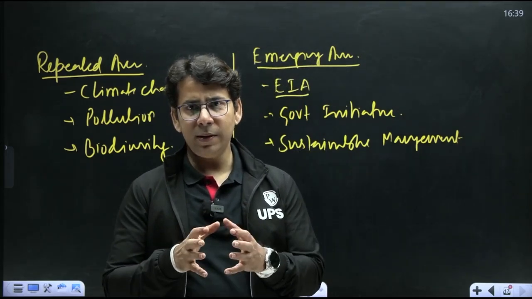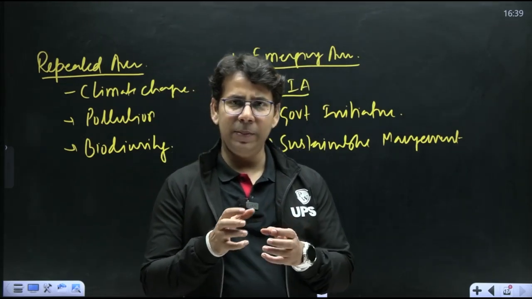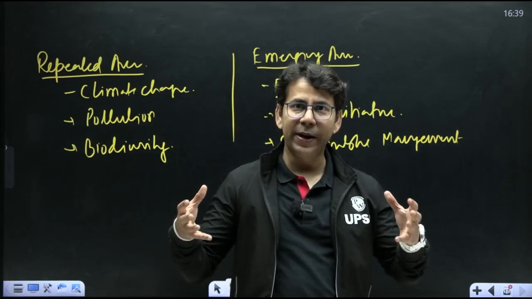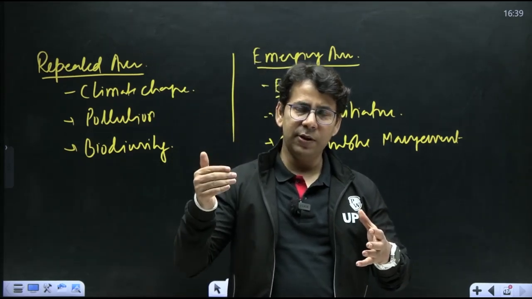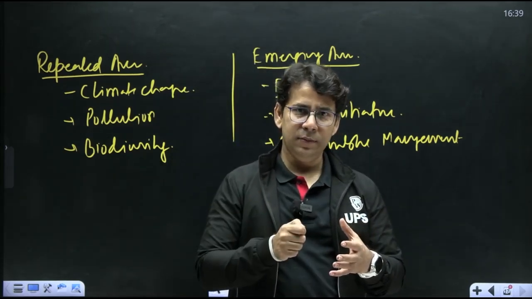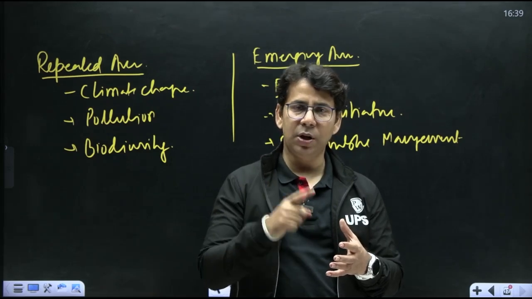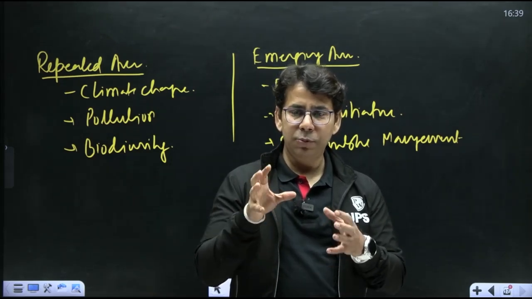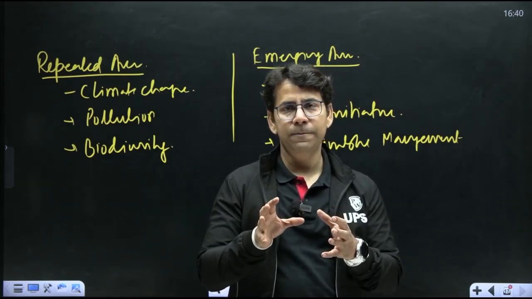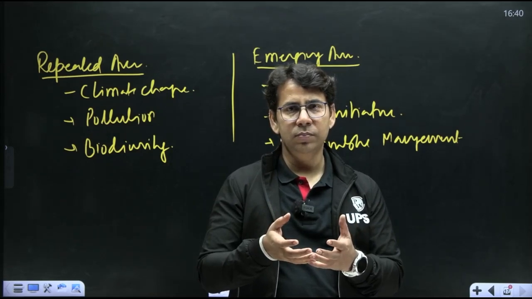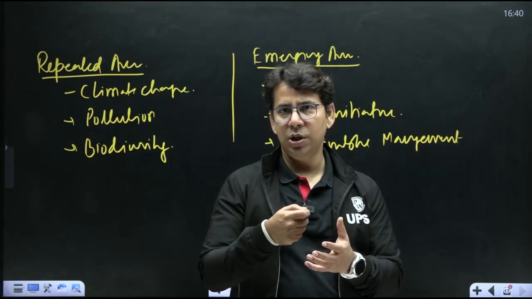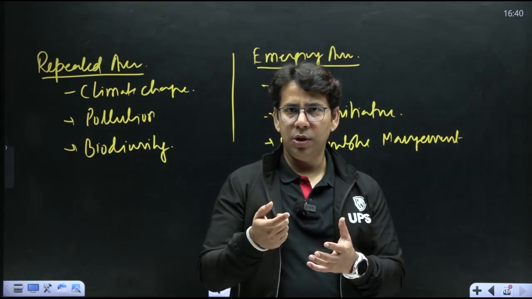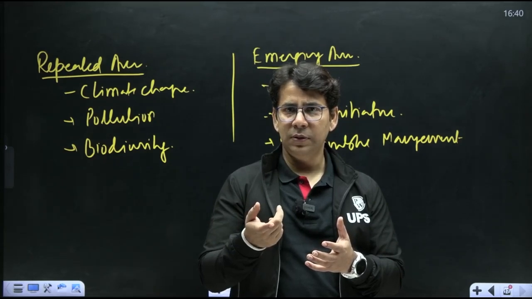So environment, I understand environment is too much spread, but if we have a strategy, if we have the pulse of it through the current developments and things which are going on, we have to focus on a few areas only, like I told you: climate change, biodiversity, pollution, conservation efforts, right?